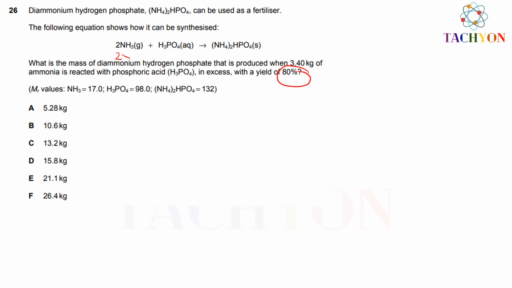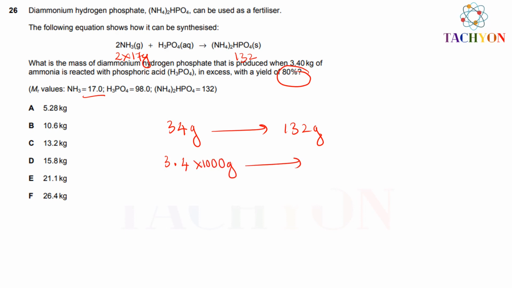So 2NH3 mass is 2 times 17 grams. The Mr values are given, 17. (NH4)2HPO4 is 132. So we can say 34 grams of ammonia gives you 132 grams. They are asking about 3.4 kilograms. So we are converting that into grams because every unit should be similar. So how much is it going to be?